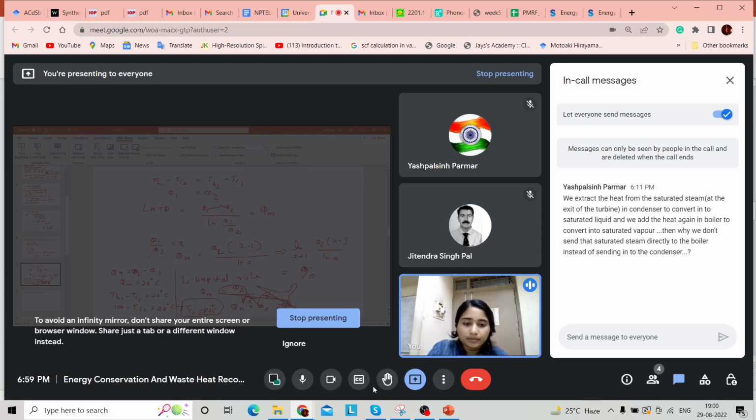Some other problems ask you to calculate the overall heat transfer coefficient: they will give the temperature, tube diameter, tube length, specific heat and so on, and you have to find the overall heat transfer coefficient of that system. So related to heat transfer there are different kinds of problems, mainly on LMTD, but in some cases it may ask other kinds of questions also.